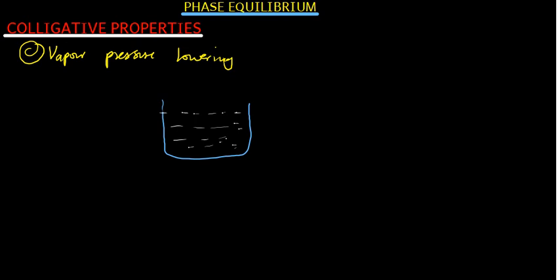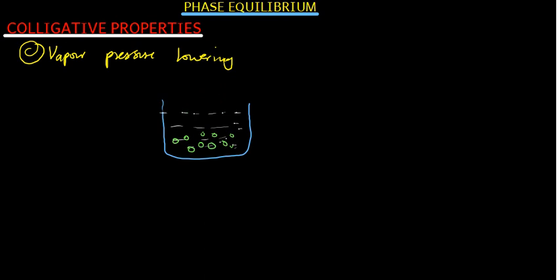So if you add a solute to a solvent, you are going to lower the tendency of that liquid to change into vapor. So the tendency of it changing is going to be lowered. That is what happens, just like boiling point increases.